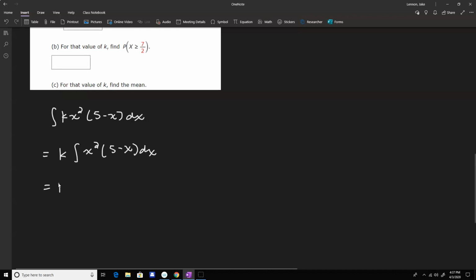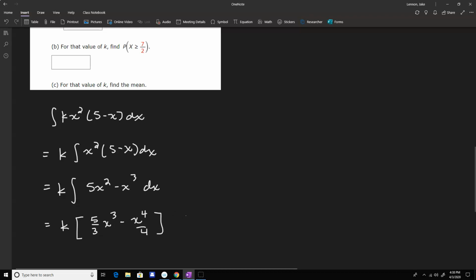So this will become k times the integral of 5x squared minus x cubed dx. So our antiderivative here is really just k times, well, again, for this, we just need to add 1 to the power and then divide. So we get 5/3 x cubed minus x to the 4th over 4.